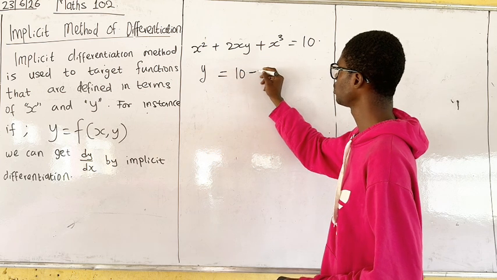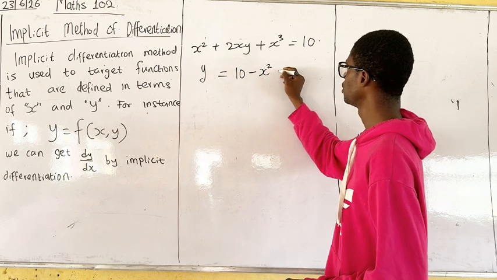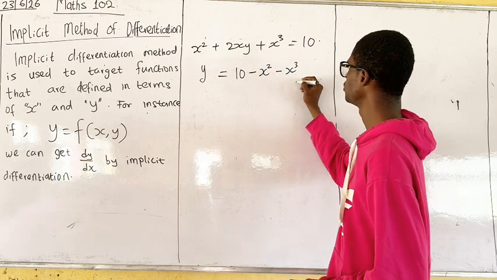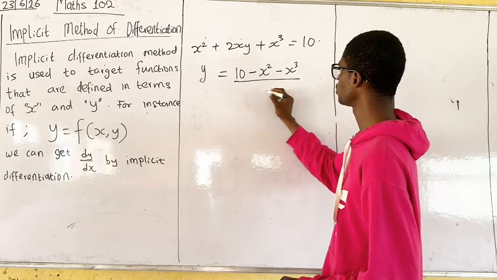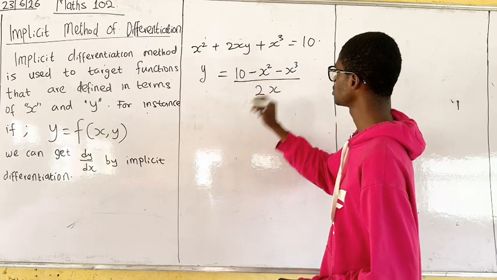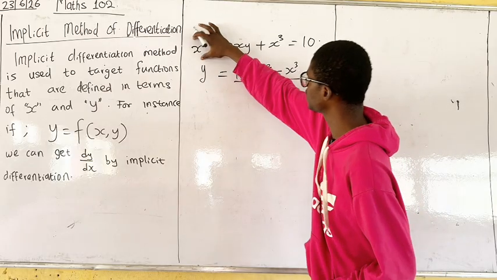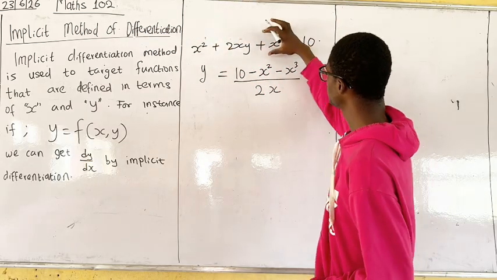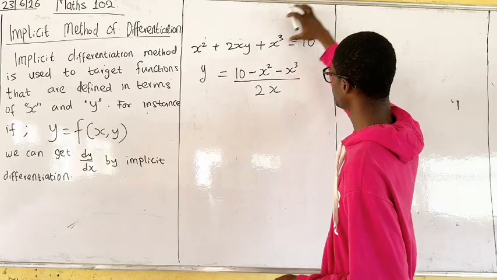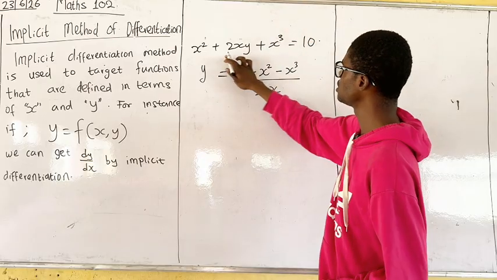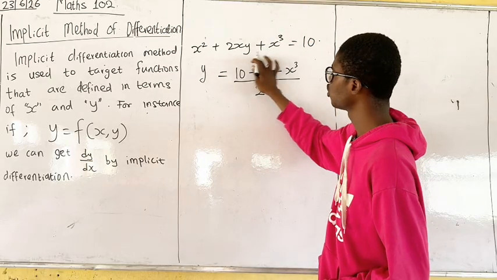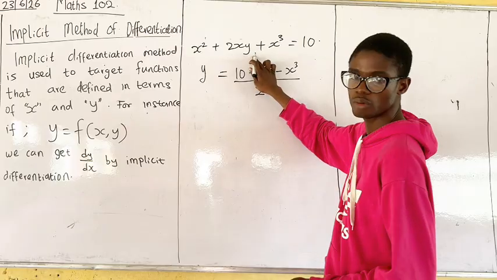10 minus x squared minus x cubed, divided by 2x. That's all right. So how do you do that? Take this one over to this place, take this over to this place, then divide both sides by the coefficient of y, which is 2x.